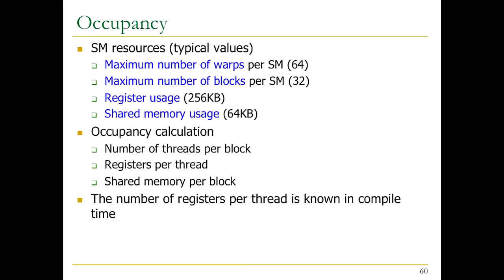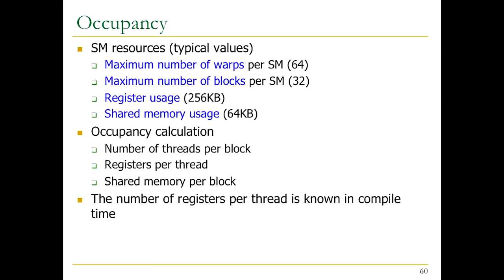Then, within each SM, as you saw in the previous slide, we have some registers that are going to be partitioned among the threads that we are going to execute. The register size in current architecture is 256 kilobyte or 64K 32-bit registers, and also the available shared memory.